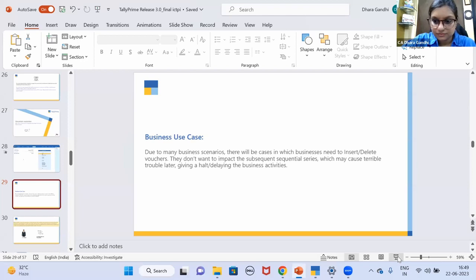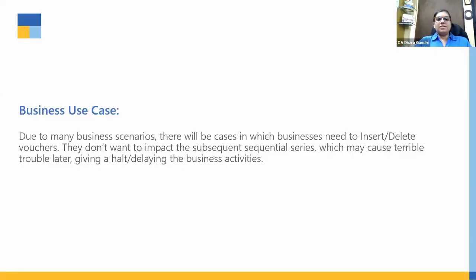So this is another scenario wherein business people give a lot of time and hassle in resolving the issue. Due to many business scenarios, there will be a case in which the business needs to insert or delete some vouchers. They don't want to impact the subsequent sequential series, which may cause terrible trouble later. So what is to be done in this case?